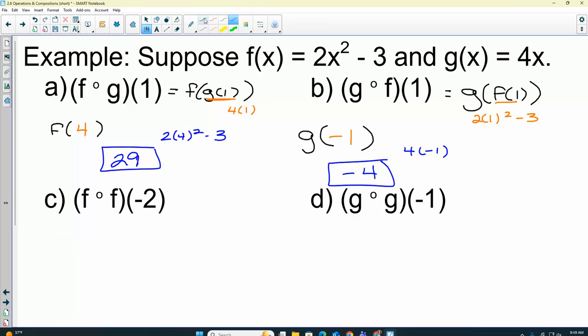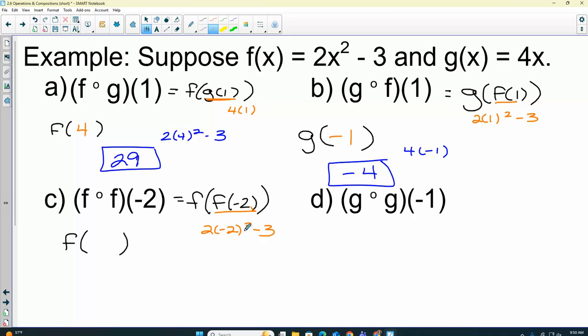You also can plug them into the same function repeatedly. If I ask for f composed with f of negative 2. You start on the inside. f of negative 2 says go to function f, plug in a negative 2 for your x.